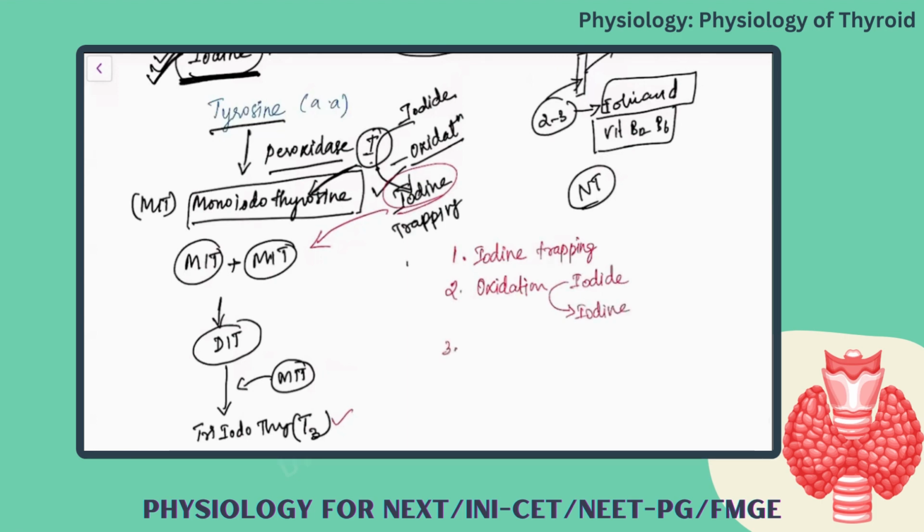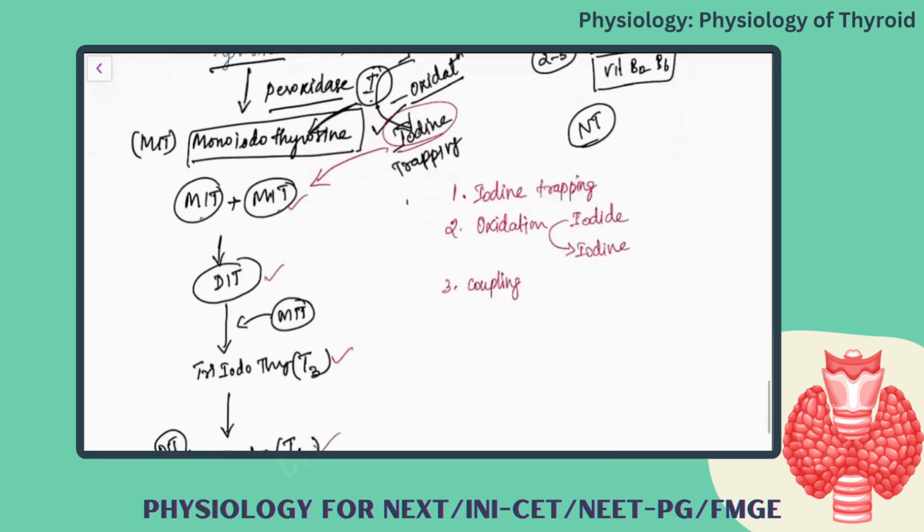And third, what happens? Monoiodotyrosine joining with another monoiodotyrosine, that you call the coupling reaction. It takes place between MIT, DIT and two molecules of DIT, forming T3, T4. All these are called coupling reactions.